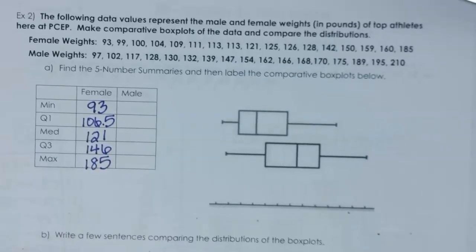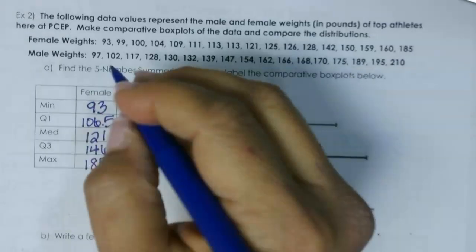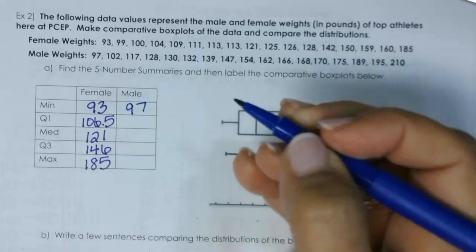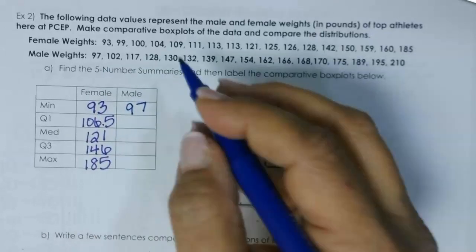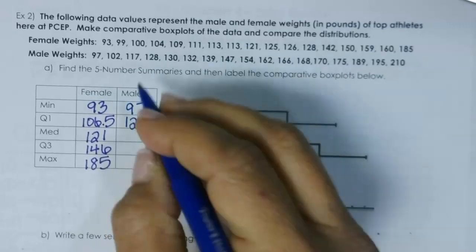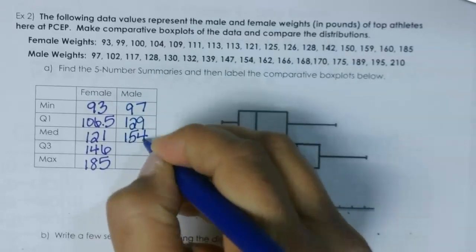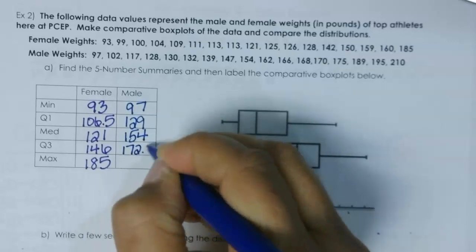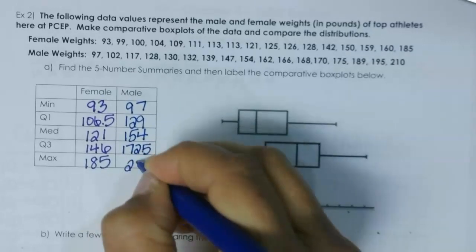And for the male weights, I had 97, 129, 154, 172.5, and 210.